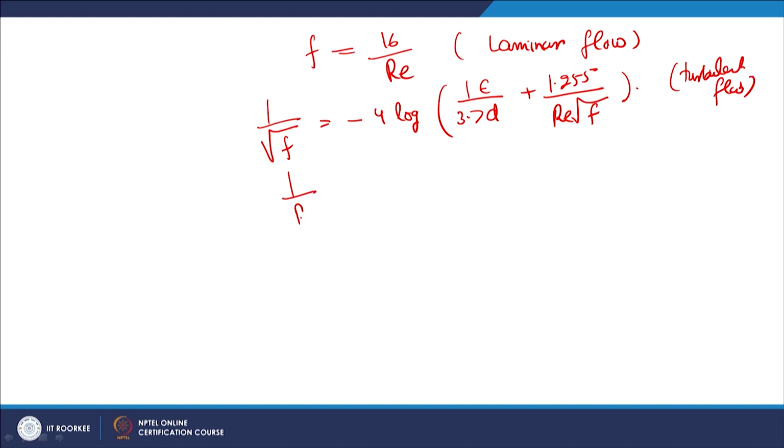So, 1 upon root F is equal to minus 0.25 upon square root of F minus 1 upon 3.7 D by epsilon.